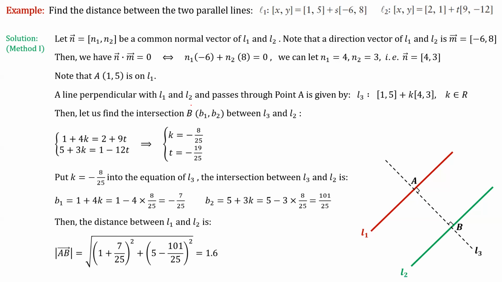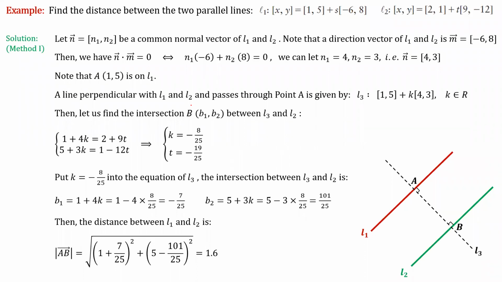Then we have the dot product between m and n equals 0, right? Which is equivalent to n1 times -6 plus n2 times 8 equals 0. Well, we can let n1 be 4 and n2 be 3, which means the two components of n could be 4 and 3, right?